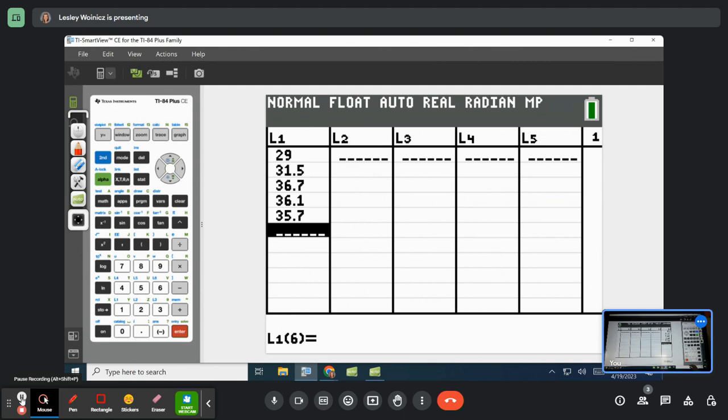Okay. 45.4 and 36.1. Okay, back to stat.